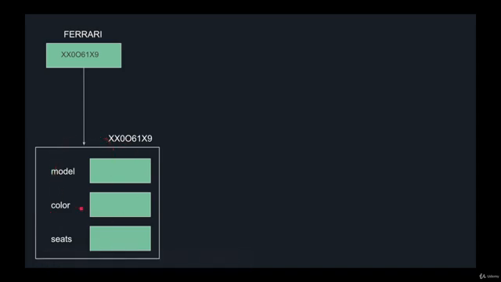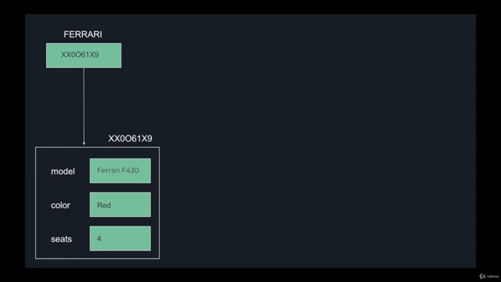This memory address goes and sits into the Ferrari reference variable. So the Ferrari reference variable is just pointing to this particular object, and that is the reason why it is known as a reference variable, because it refers to the memory location of the actual object. Whenever you assign any data, this data will be sitting in the memory blocks which the Ferrari reference variable is pointing to.